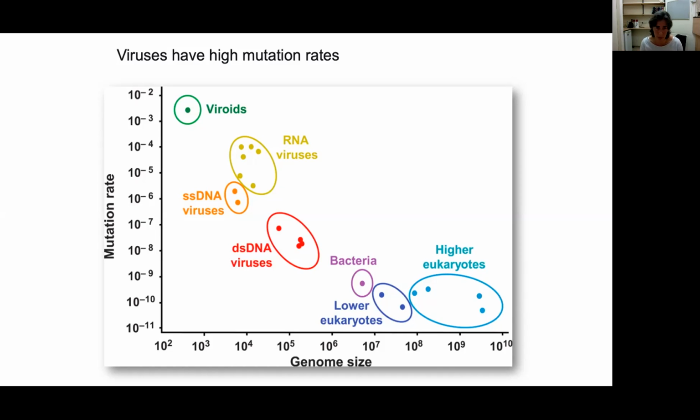And they do that on purpose because they want these mutations to help them face all kinds of selections, such as medication or other selections that we impose upon them.